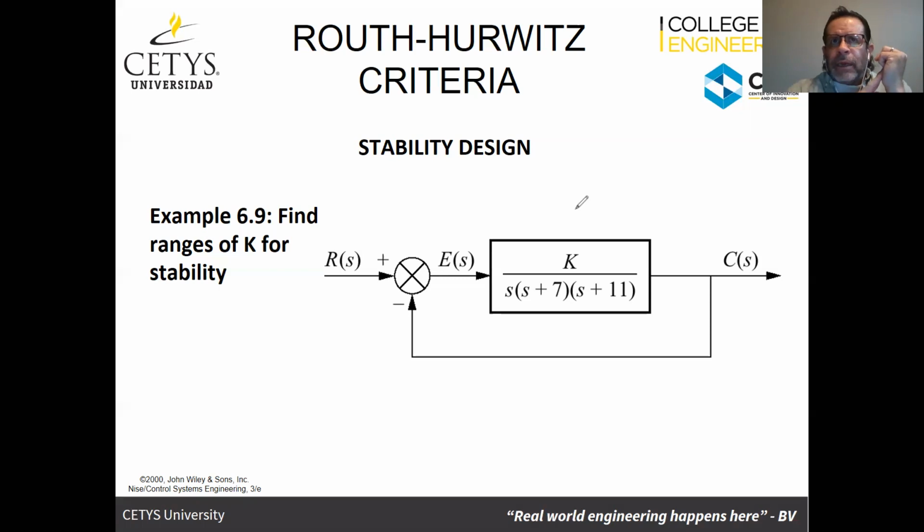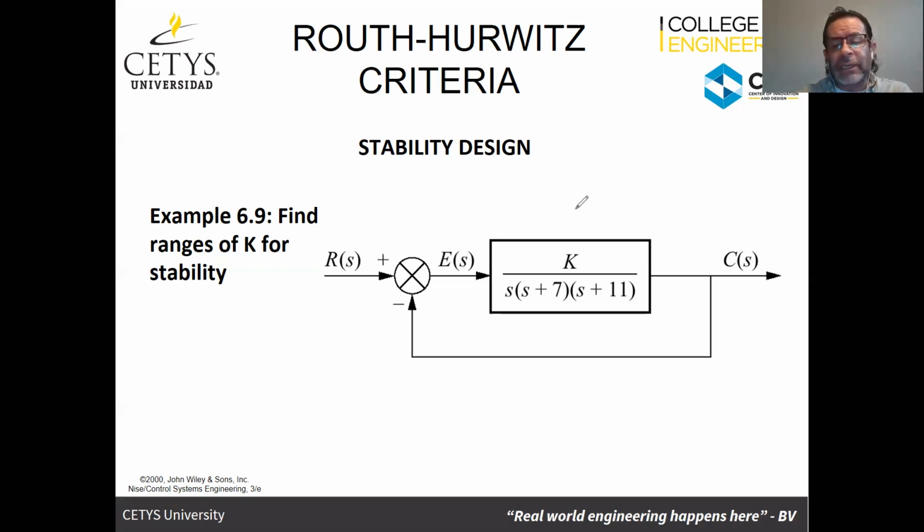Depending on the values of K that we gave, the system was going to be stable or unstable. And there was a point where we identified that around these values, the system is going to be unstable. But it would be better to have a more precise calculation of that.